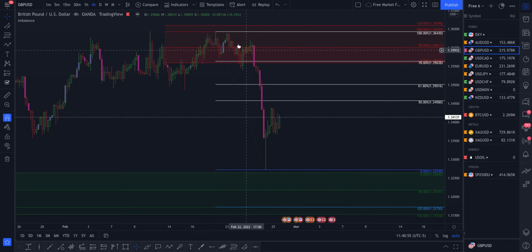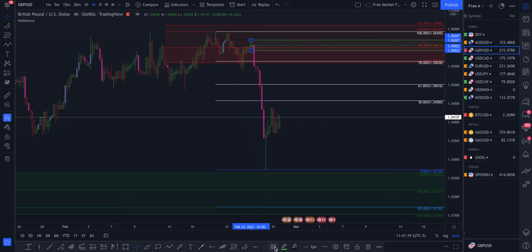All right, so now price has pushed down and created this institutional supply area right here. Again, we're looking for the pound to go short. Let's see if we can find some reasons why the pound would go short. I do see an unmitigated 4-hour supply right here.